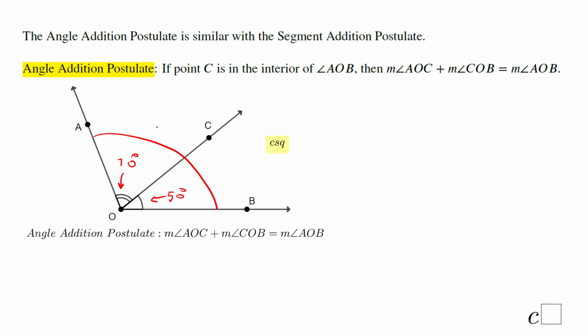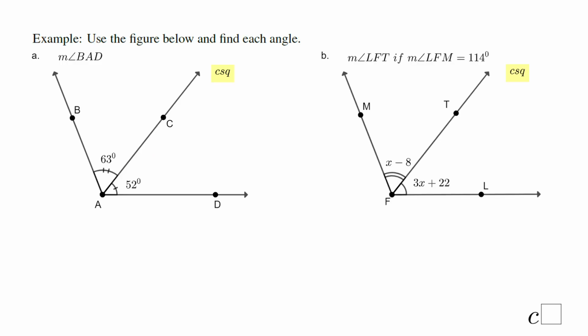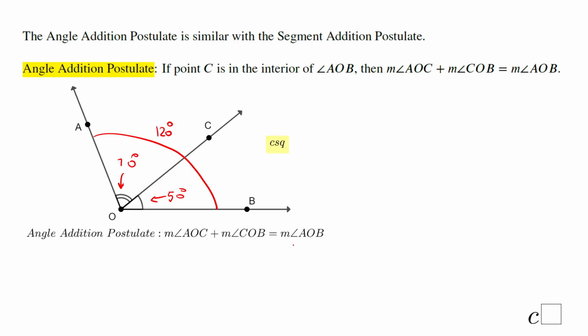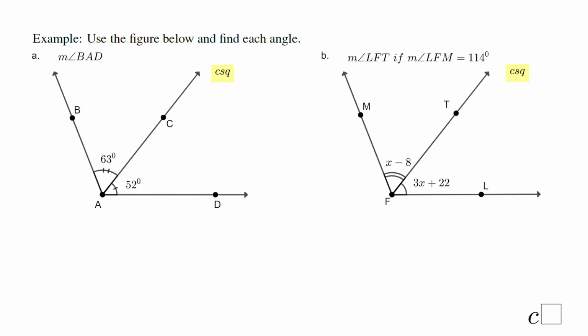That angle will be 120. That is what we call the angle addition postulate, which you see here and also here. And it says if a point C is in the interior of angle AOB, you see that here, then we have this property. And let's use this angle addition postulate for this problem. You notice here in part A, we need to find the measure of angle BAD, this guy.